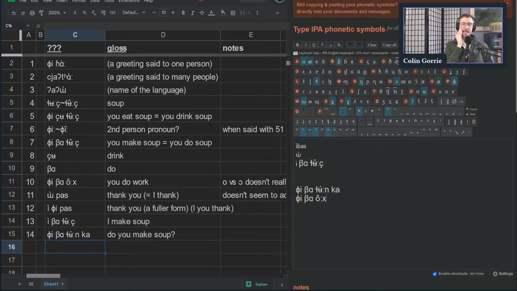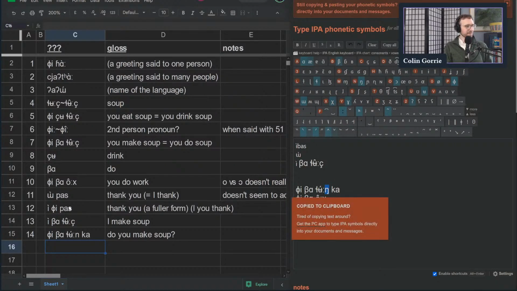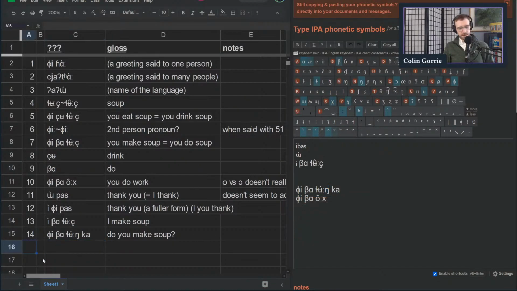If I were to say it, is that better? The first one is not correct. Okay. So we need a velar nasal here. Thank you, Jack, and everyone else who heard that before me. Okay, and then for do you work, it's something like fionga. Is that right? Yeah.